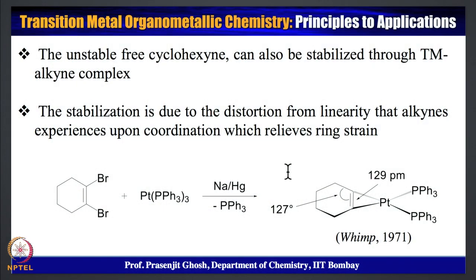Now, this back donation has important applications, and for example, unstable cyclohexyne can be stabilized through complexation with transition metal.